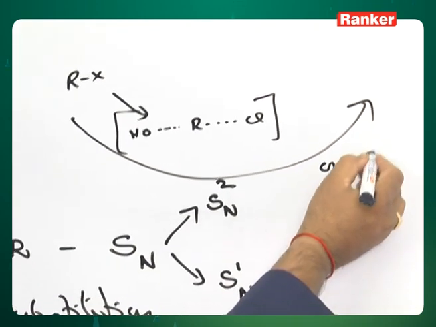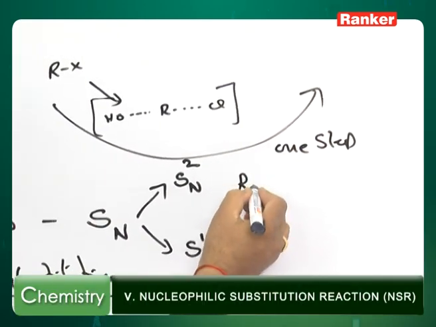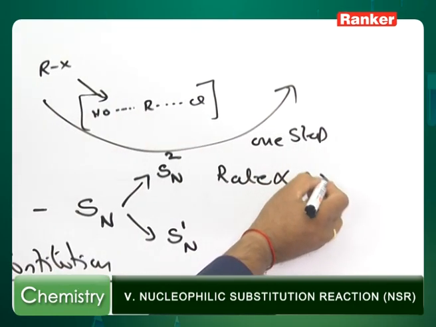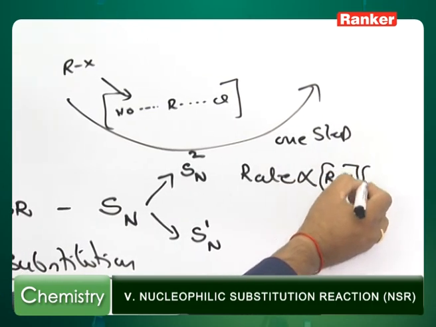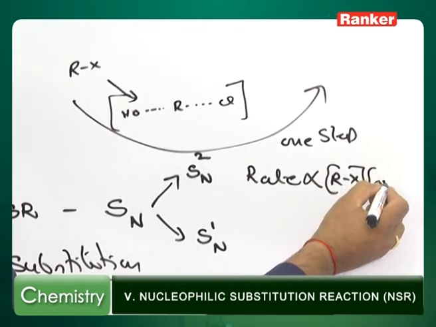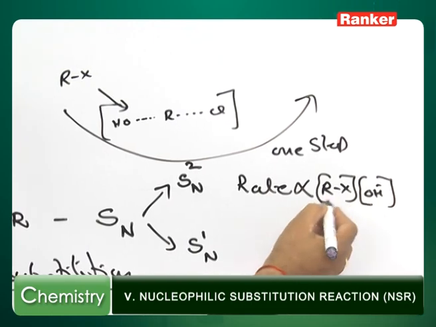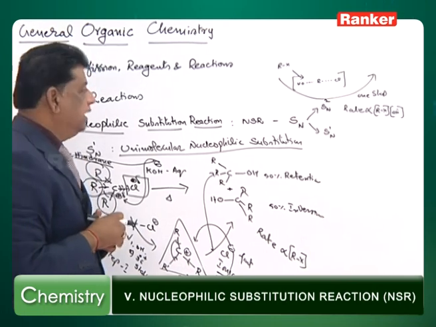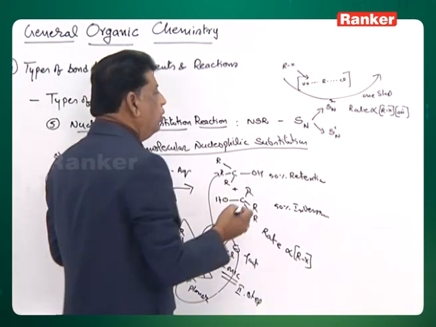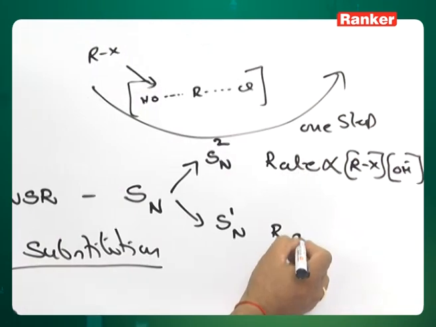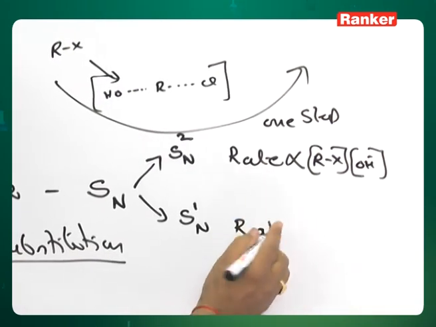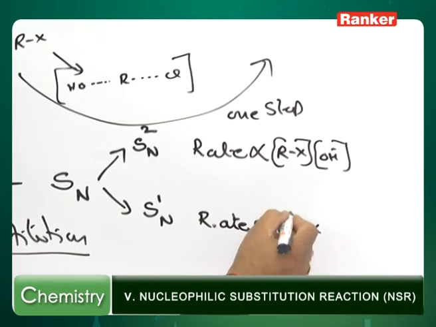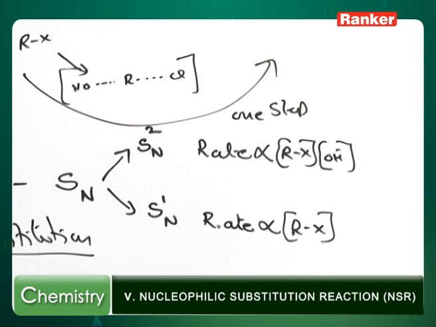So naturally the rate of reaction of SN2 depends on the alkyl halide concentration as well as the concentration of the nucleophile, or OH minus. That's why it is said that two species are involved in the rate. So that's why it is called a bimolecular reaction. Here the rate depends only on the alkyl halide alone, so this is called a unimolecular reaction.